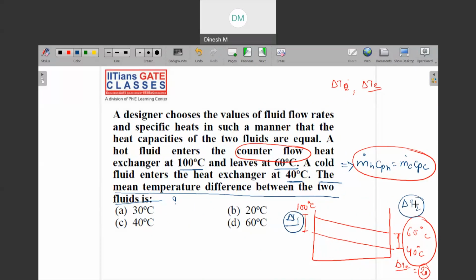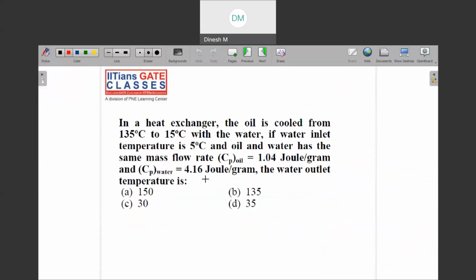So any one of these two was the LMTD, and now I am able to find any one of them. Then why do I need to find the other temperatures? I can directly say that this is nothing but 20 degrees Celsius. See, how big a question with so many data, but just by drawing one figure we were able to solve. Questions in these areas are simple, but you need to take care of how they are correlated.